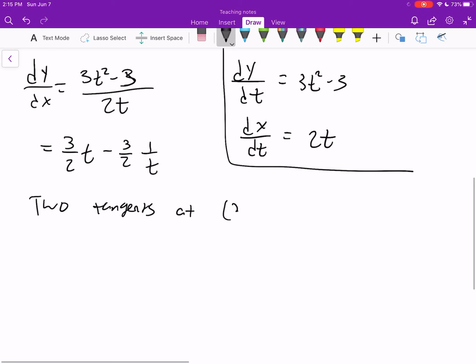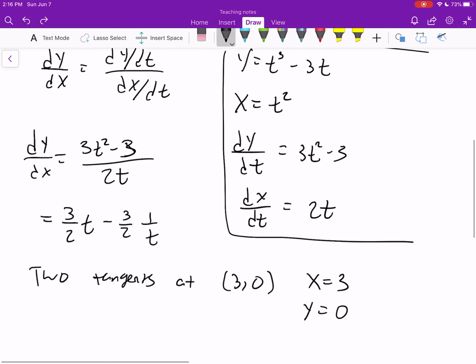The problem here is, I'm given the x and y coordinates of the point. I'm given x equals 3, y equals 0. So I'm going to write it like this just to motivate what we're about to do next. I have the x equation and the y equation, but I want the value of t because my derivative here is in terms of t. So I'm going to take the equations for x and y and set them equal to 3 and 0 respectively.